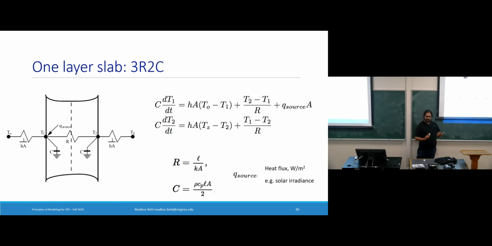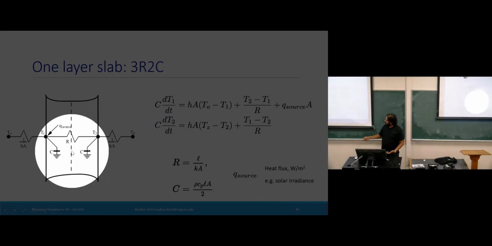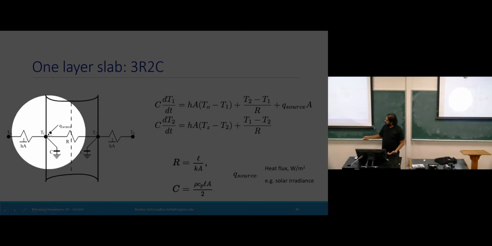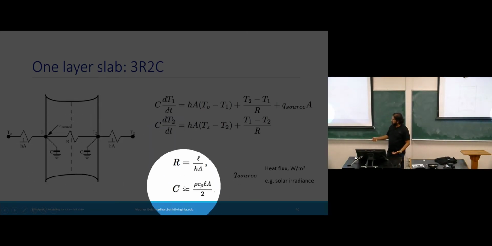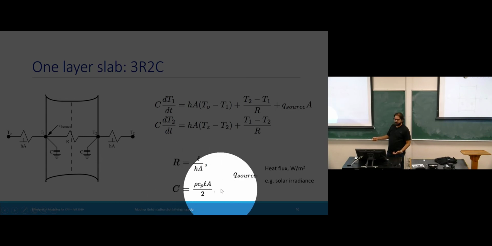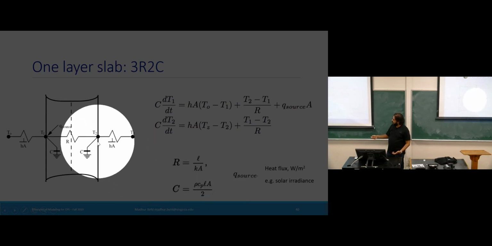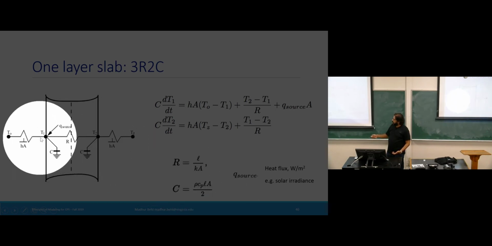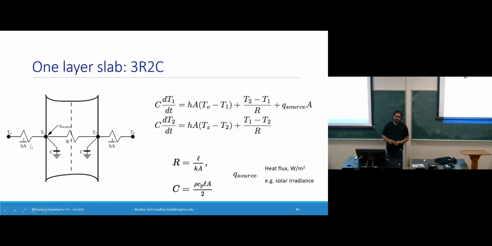But the thermal mass of this wall would be some density times volume times specific heat capacity, correct? So if there's one wall which has this one thermal mass, in this picture, I have broken down that thermal mass into half. Actually, I'm defining C as half of that mass. And then I applied half of that mass to T2 and half of that mass at T1.